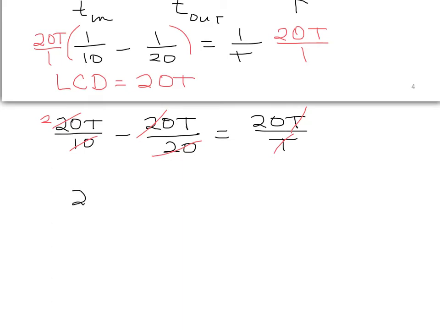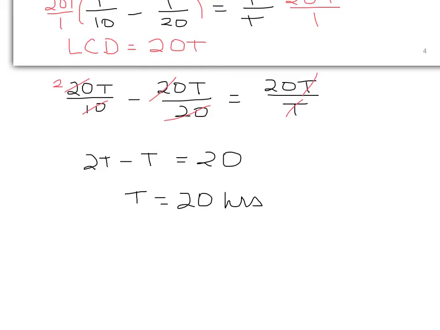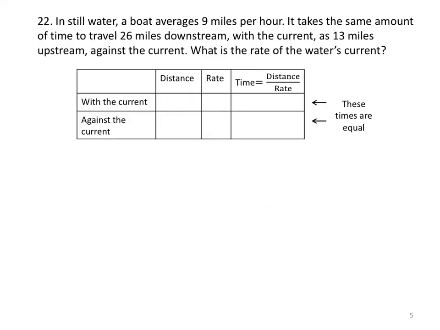So you have 2t minus t equals 20. So that tells you that the time it takes, if both are open, is 20 hours. That means it would take 20 hours to fill the vat if both pipes were open, whereas if the exit valve was closed, it would only take 10 hours.